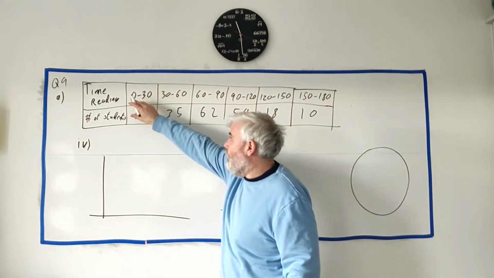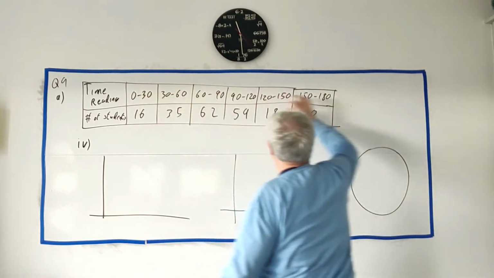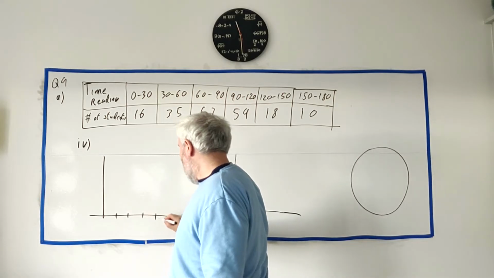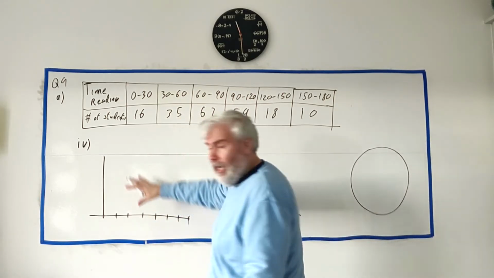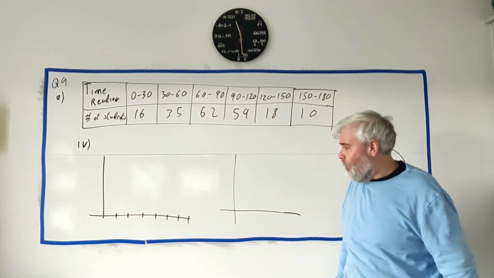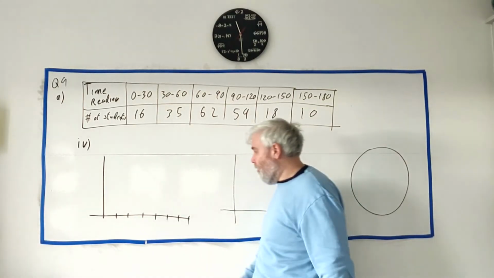So for a histogram, I would put on the bottom axis these numbers here going from 0 up to 180. So let me just do that here. Again, you'll have to use a ruler. The exam paper has ruled paper, but you should use a ruler and carefully use the boxes on the page provided.